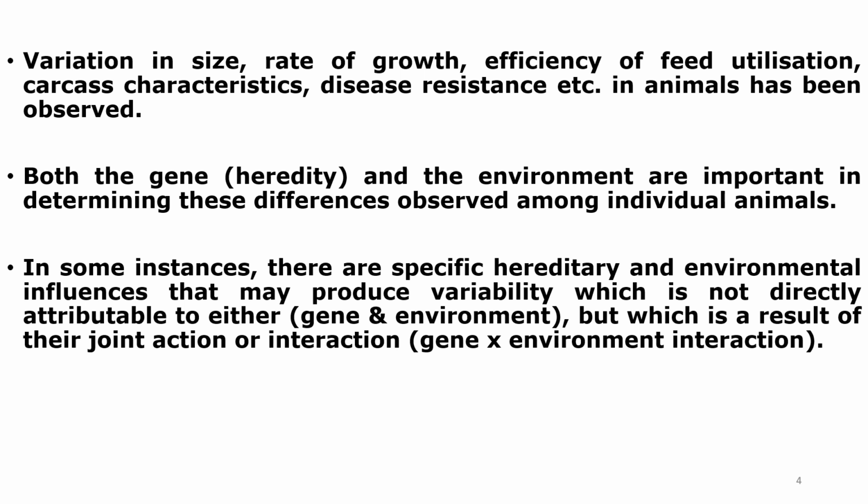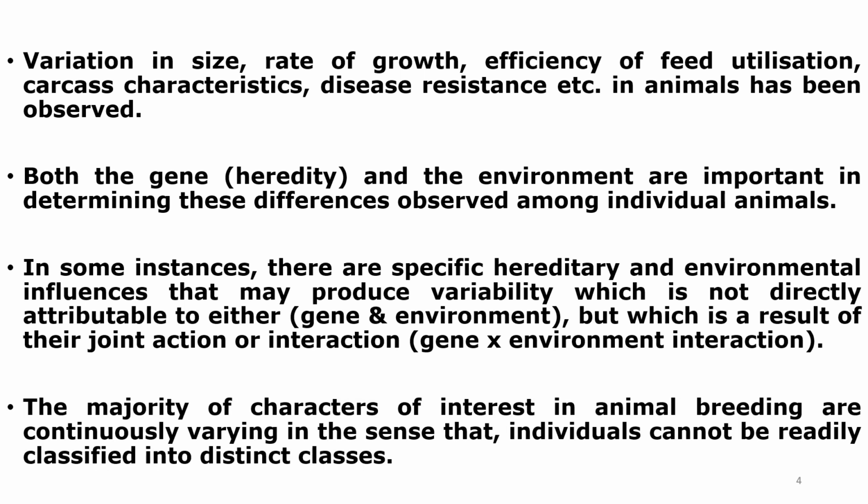In some instances, there are specific hereditary and environmental influences that may produce variability which may not be directly attributed to either the gene or the environment alone, but is as a result of an interaction between the gene and the environment.